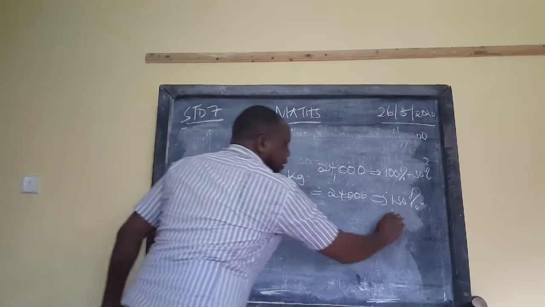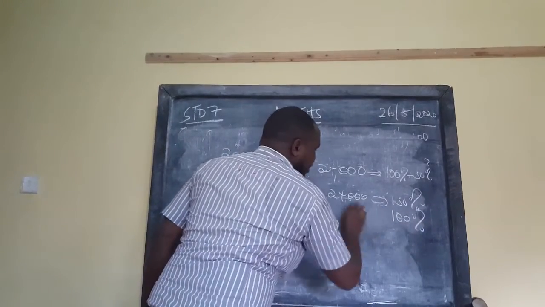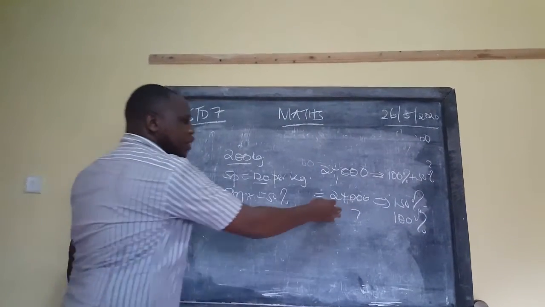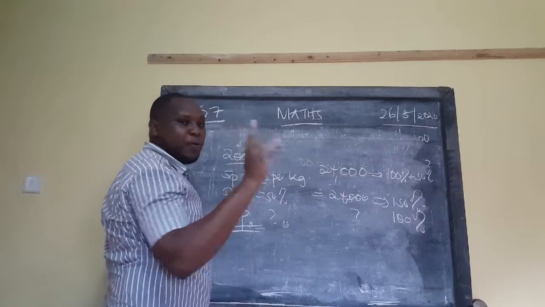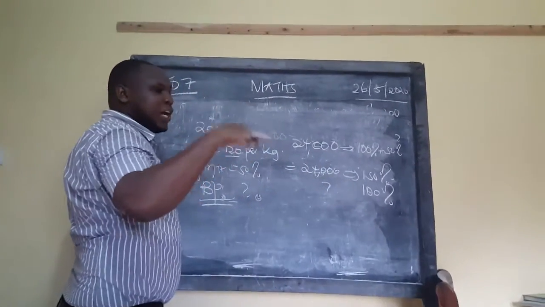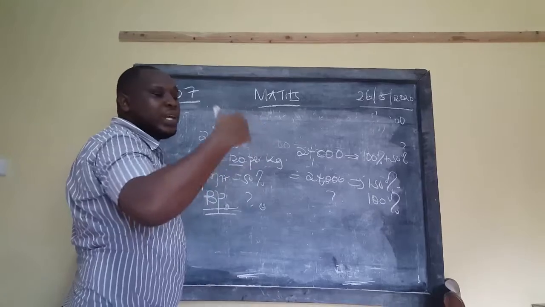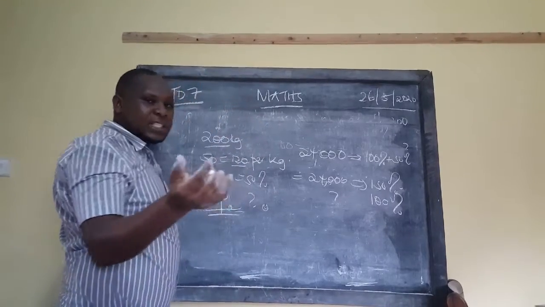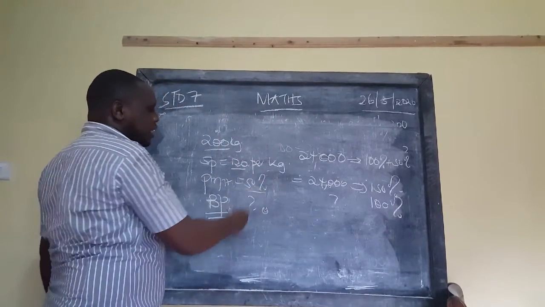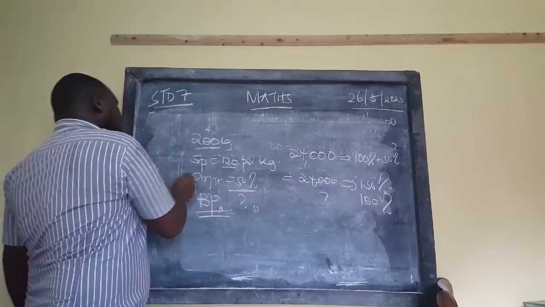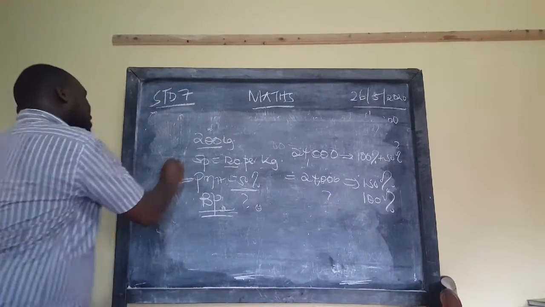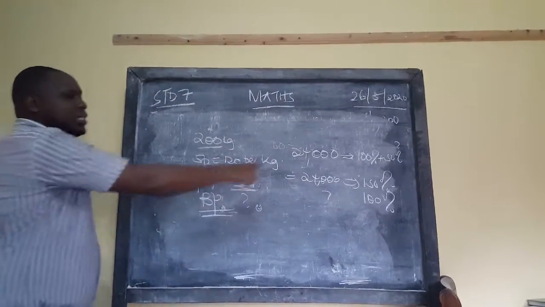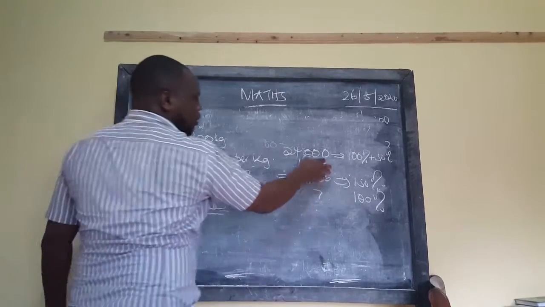How much is 100%? For us to get a profit, we increase the buying price by the percentage given. So the buying price is always 100%, and we increase this by 50 to get 150.